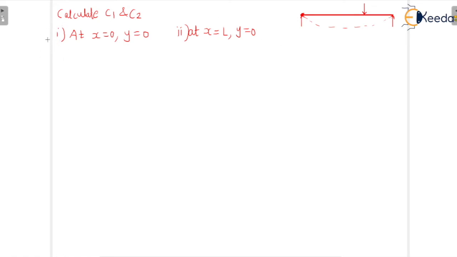Now let us use the first boundary condition: at x equal to 0, y equals 0. Let us substitute these values in equation number 5.